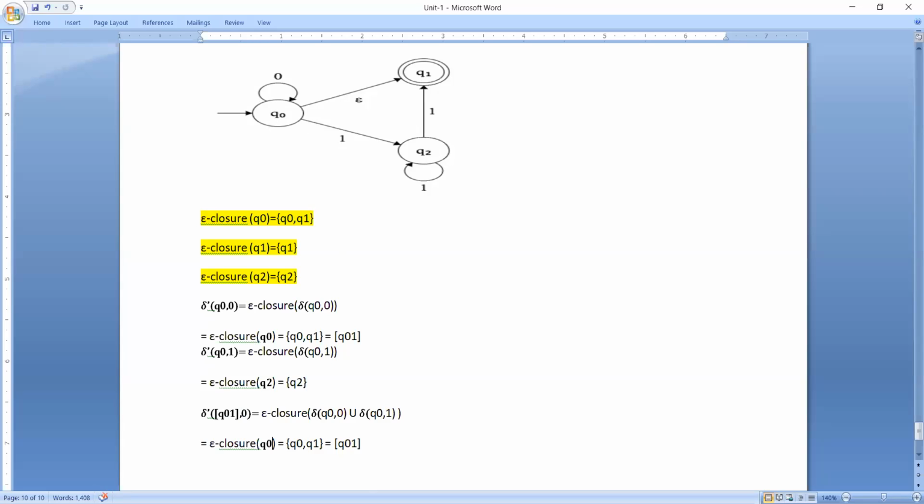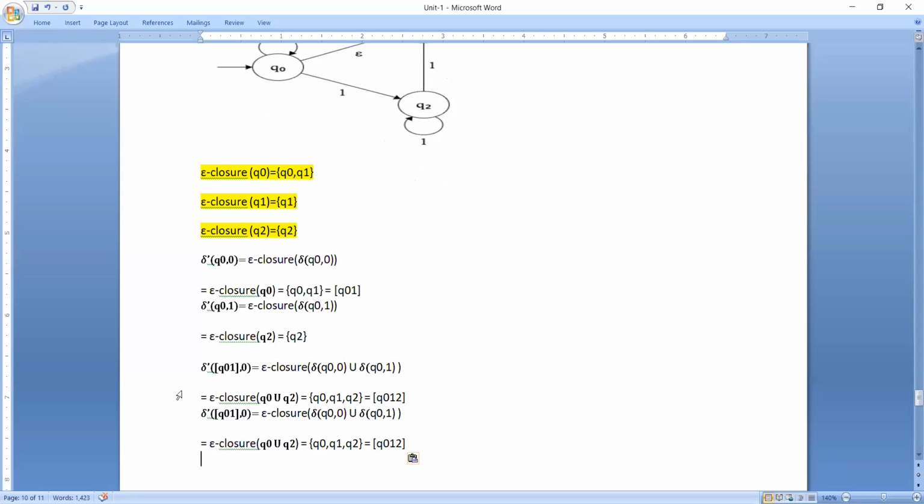Now when I find the union of epsilon closure of Q0, which is Q0 Q1, and epsilon closure of Q2, which is Q2, you will get Q0 Q1 and Q2. So a new state which we are going to get will be Q012. Okay, so this is one more state which we are going to get.